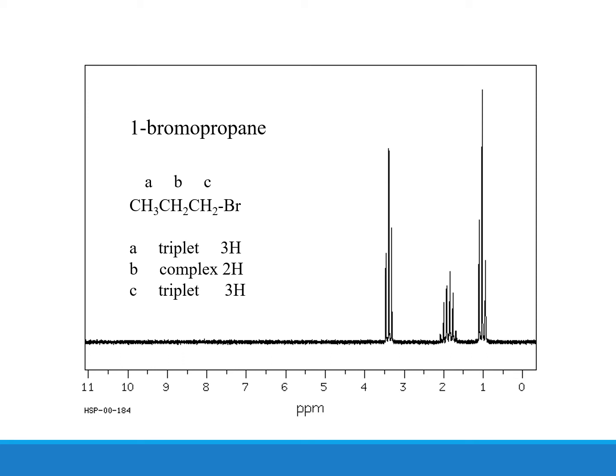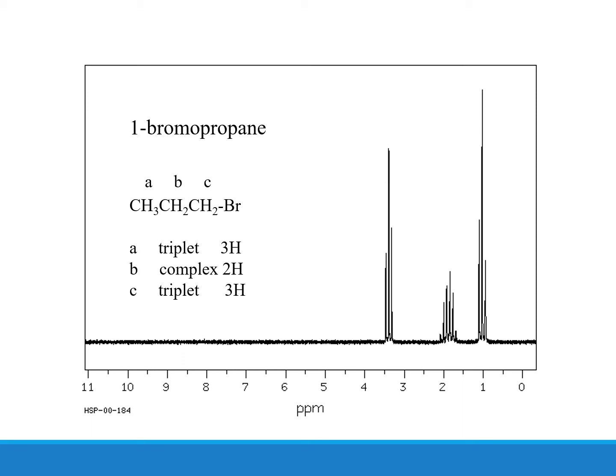And you do see that the B carbon here has complex splitting. Why? Because these protons can interact with the 2 hydrogens on the right and with the 2 hydrogens on the left.